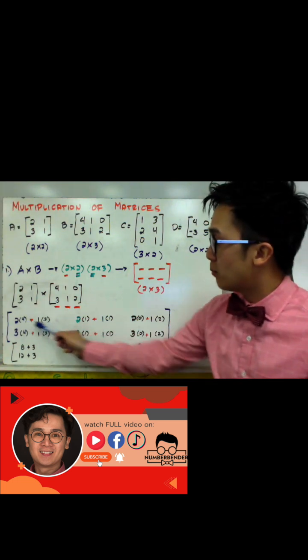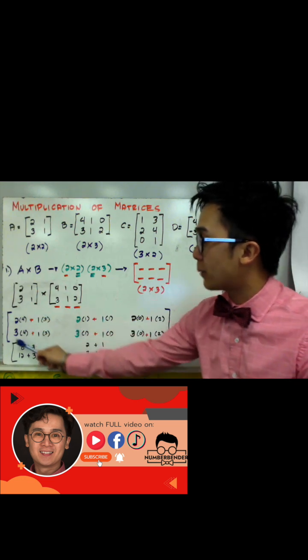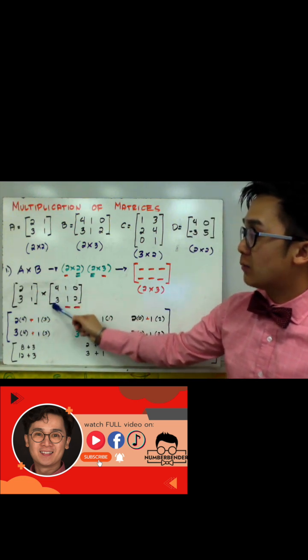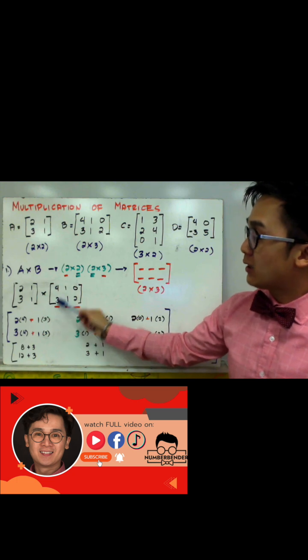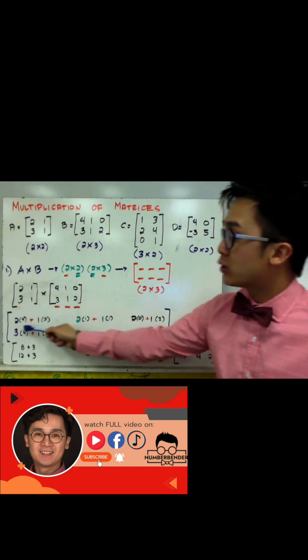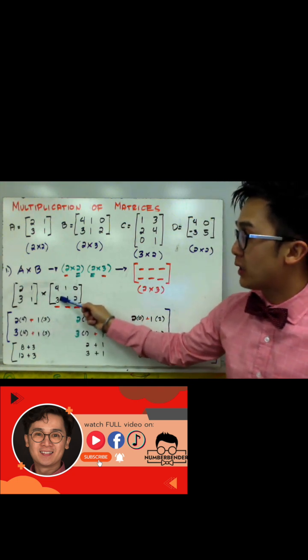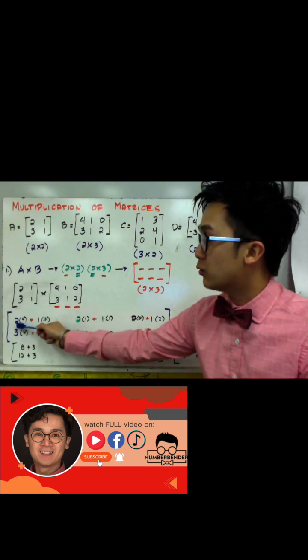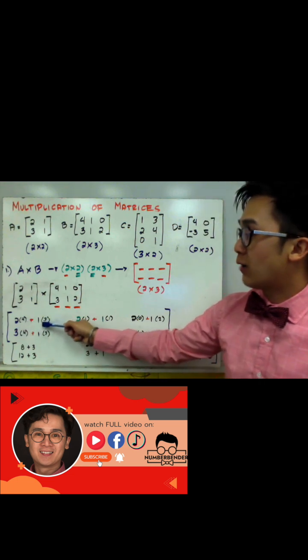Now, the numbers you are seeing in our first copy are basically the first column of our second matrix. The second column has 4, 3, and we will multiply it horizontally to our first copy. So 4 and 3 will be multiplied horizontally to 2 times 4 and 1 and 3.